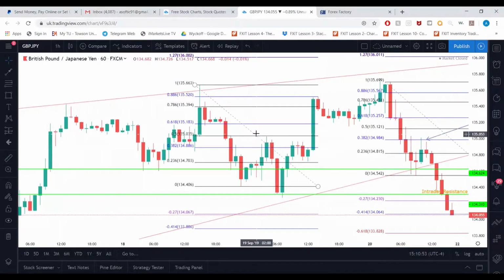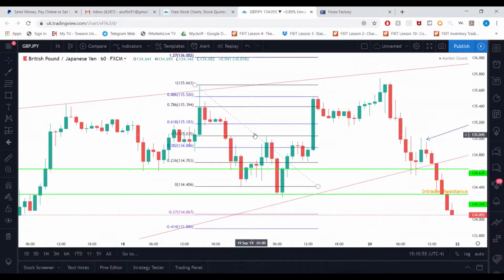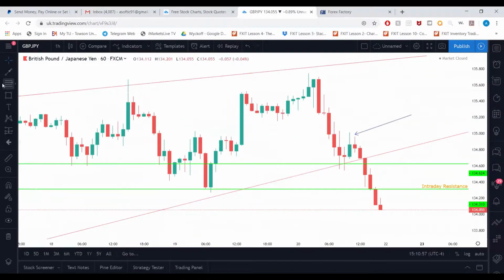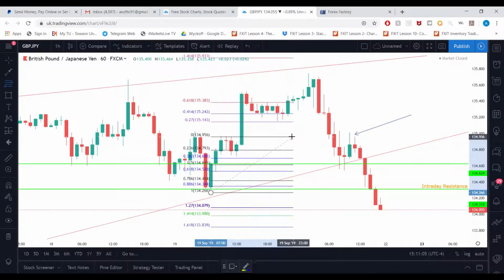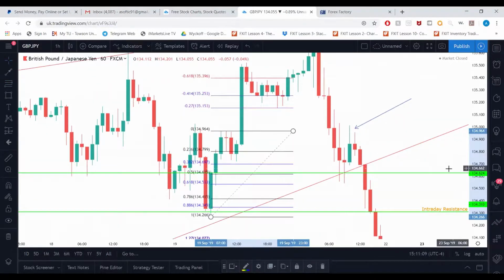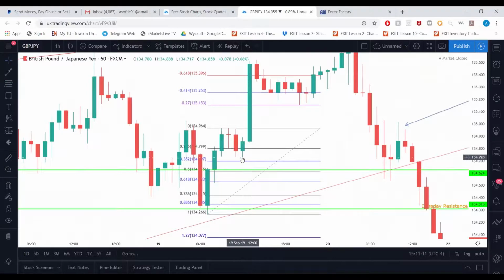So let's do a buy. We did 2 sells. Here we go for a buy. Up to here. And look at it. Not even full 38.2. Pretty much 23.6.